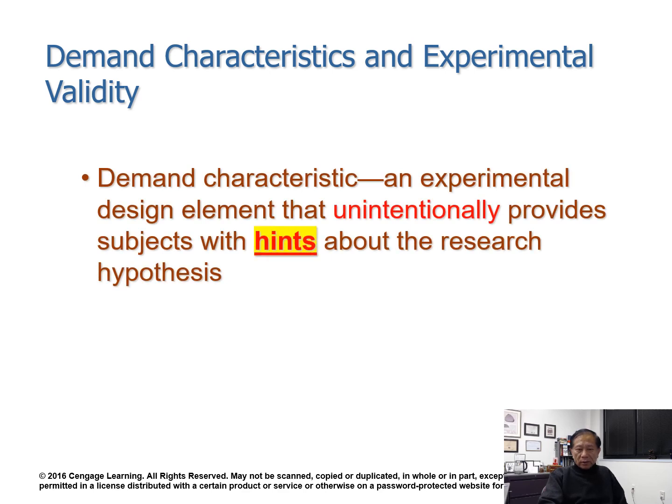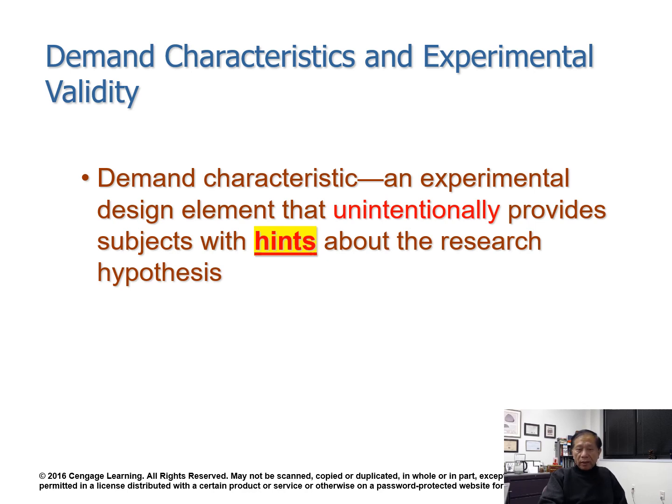Demand characteristic and experiment variable. What's demand characteristic? That's an experimental design element that unintentionally provides subjects with hints about what the research hypothesis is, right? So that's not good, right?